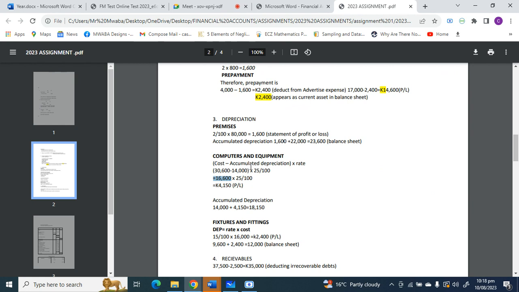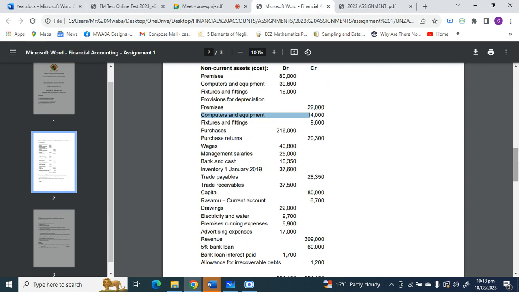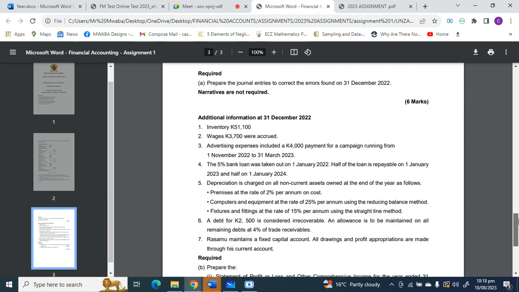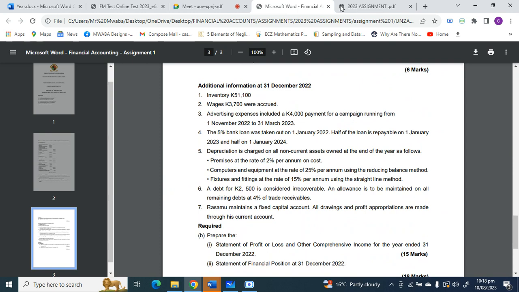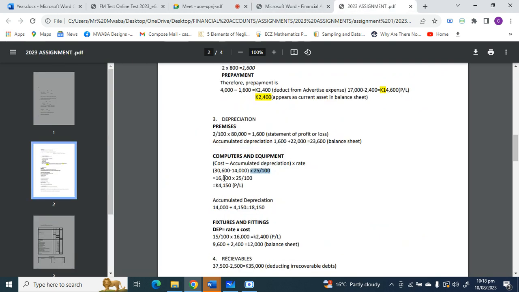All right. Then you multiply it by the rate, right? So the difference we multiplied by 25% because they told us we're using the reducing balance method at 25%. So you get 25% of 16,600, that's 4,150.